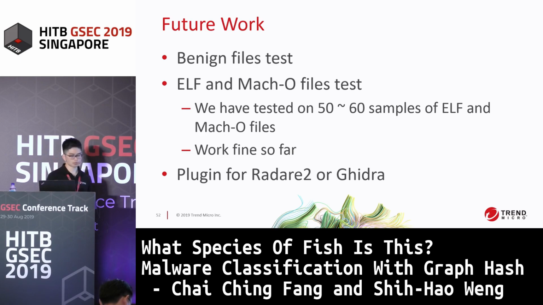And it works fine so far. But we still need to test large amounts of this kind of files. In addition to IDA Pro's plugin, we are thinking to make plugins for Radare2 or Ghidra.